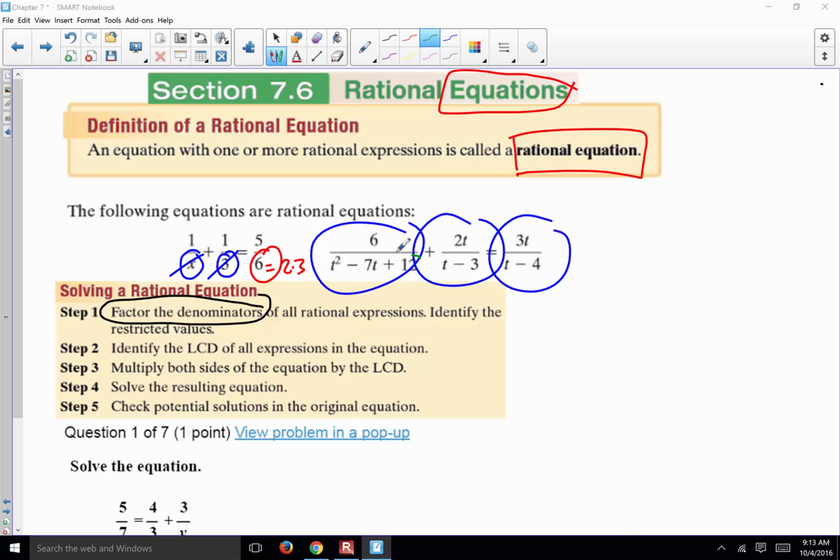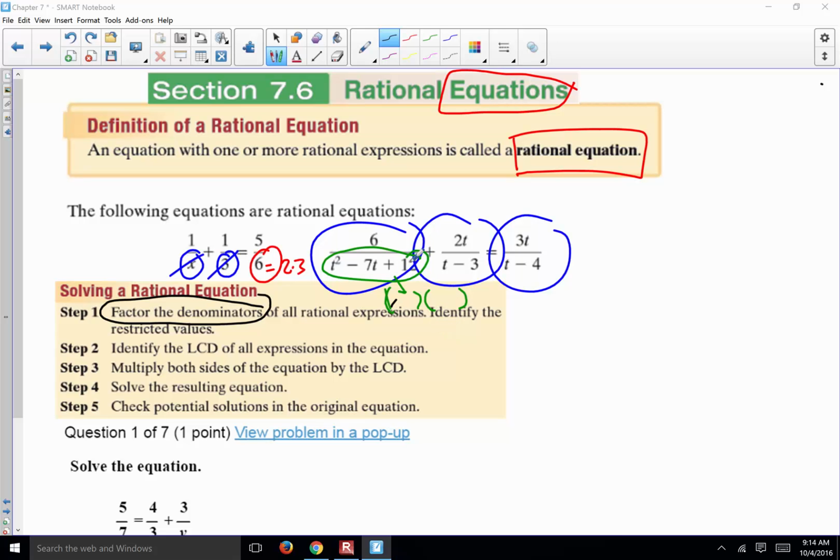Some other questions, take a look at this. Can you break this? Yes, you may need to factor by using the skills you already obtained from chapter 6. So you need to factor this into x minus 6, x minus 1. How did I do this? By the trial and error game, we know already. Two numbers multiplying to 12. No, this is incorrect, sorry.